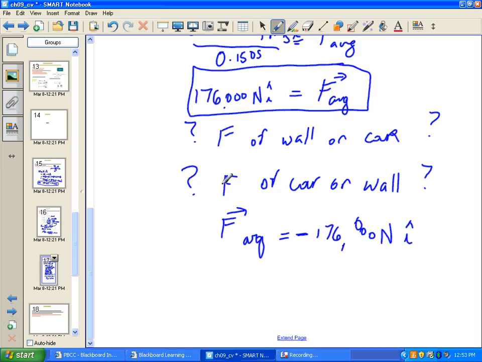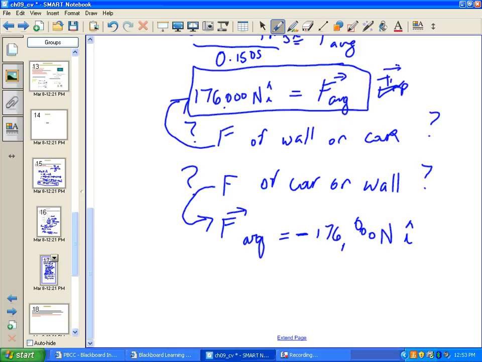However, it is in the opposite direction. So force of car on wall, force of wall on car. And how did we know that this was the force of the wall on car? Because this came directly from impulse. And after all, we asked, what is the impulse that the wall delivers on the car?